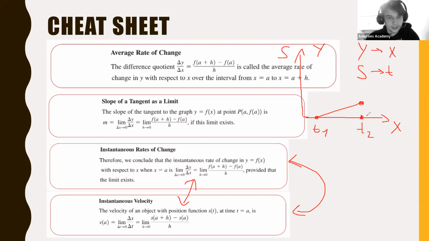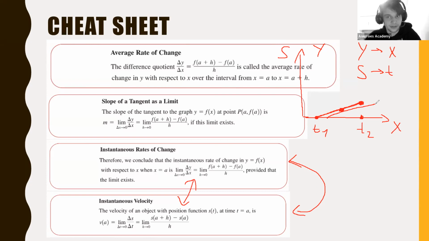Do you see the connection here? So the average rate of change between these 2 points would be the average speed of an object traveling between these 2 points.